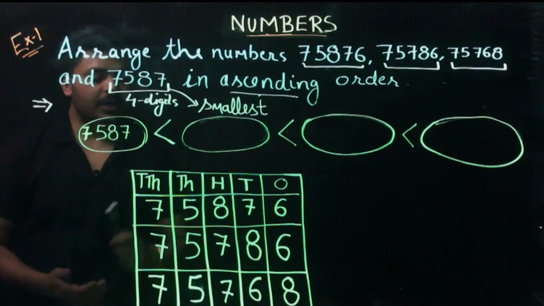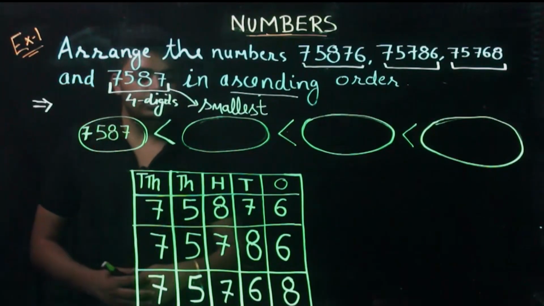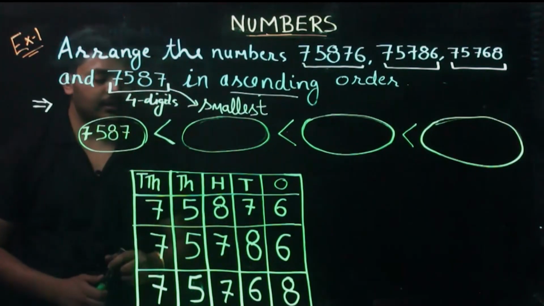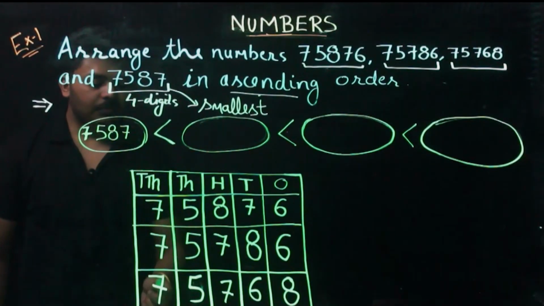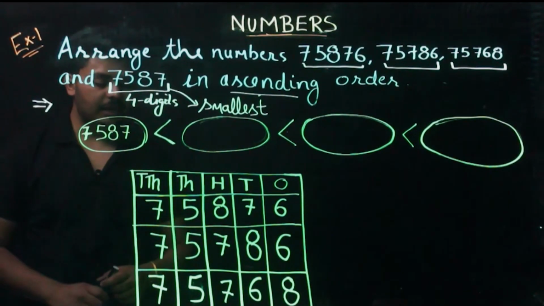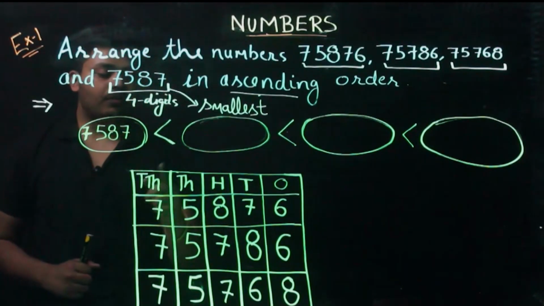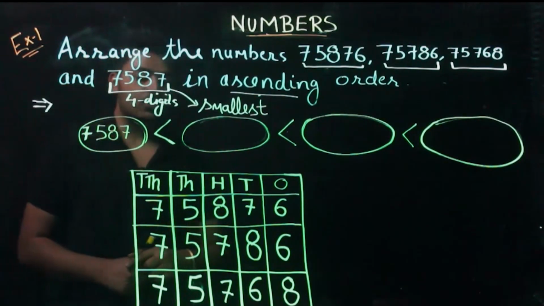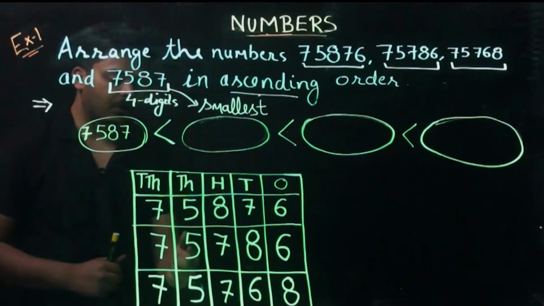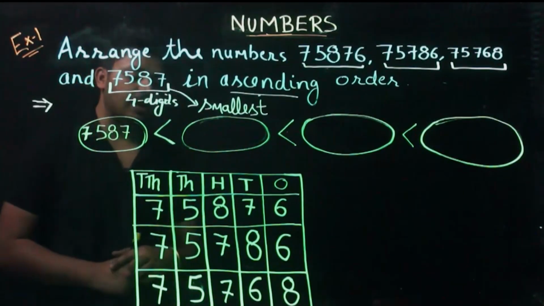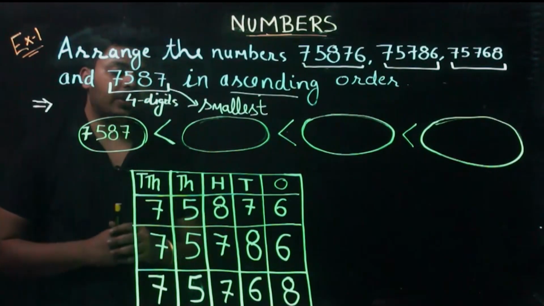So here the biggest place value column is 10,000s column, and you can clearly see that in 10,000s column we have all the numbers same, so we cannot compare the values. Similarly, on moving from 10,000s to thousands column, we can see the digits are same. Still, we cannot compare the numbers.